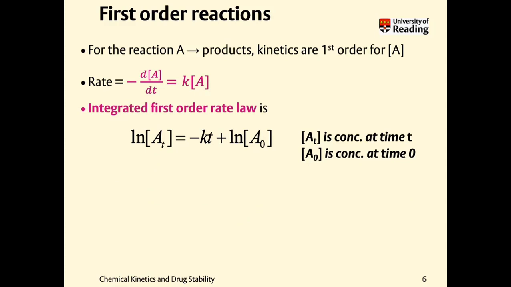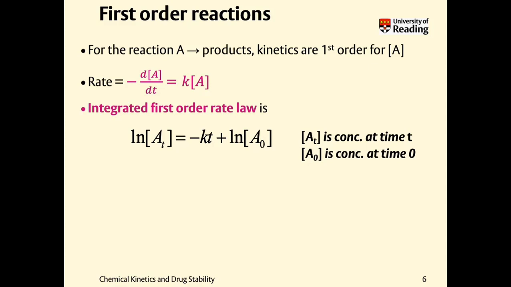So let's think about this from the point of view of first order reactions in more detail. For the reaction A going to products, the kinetics are first order for A if the rate equals k times the concentration of A to the power of 1.